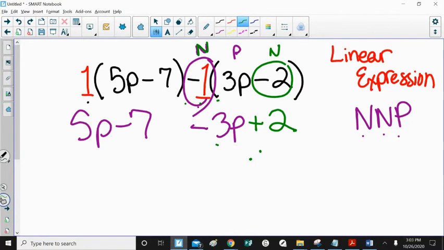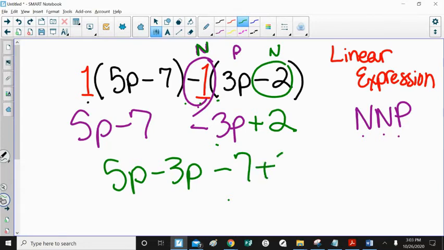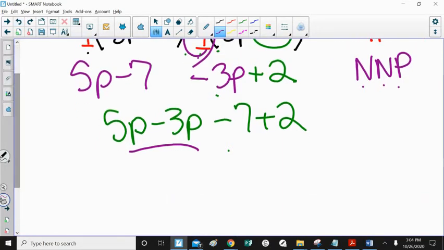I'm going to rewrite my expression so that my variables are together and so that my constants are together. So now that my expression is rewritten, I'm going to combine my variables and figure out the net value, 2p.